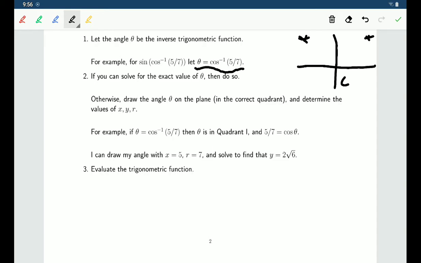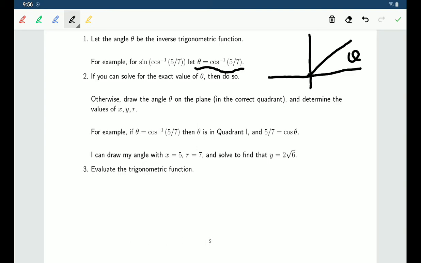We also know that cosine is positive in quadrant 1 and negative in quadrant 2. And since we're looking for cosine inverse of something positive, that must mean we are in quadrant 1. So when I draw my angle theta, I'd be drawing it in quadrant 1.